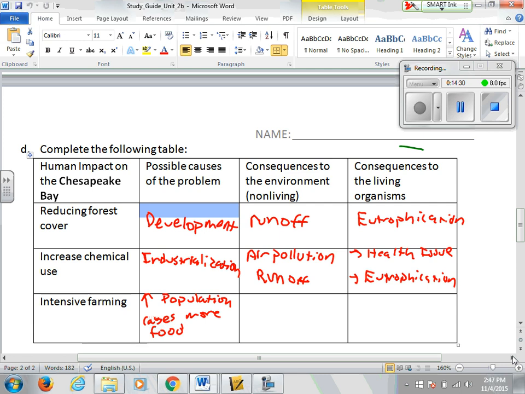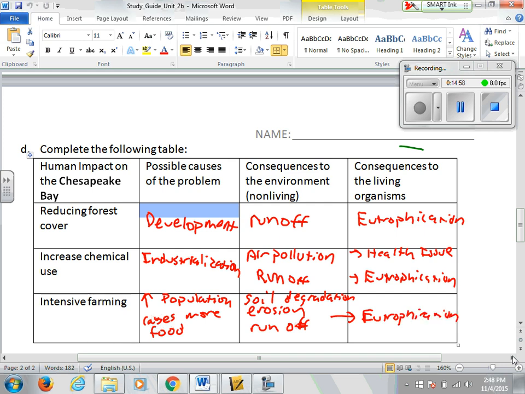So the consequences of removing more land for agriculture: again, we have fertilizers, we're just dumping tons of fertilizer into farming. We have soil degradation, erosion, runoff. And that again leads to eutrophication.